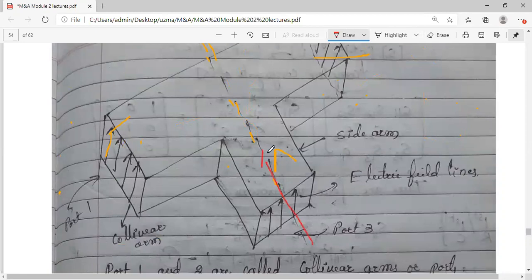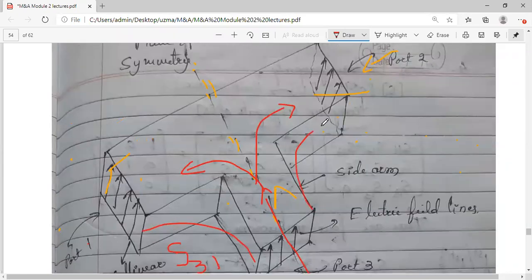Power is entering here, it splits exactly because of the plane of symmetry, and the S parameter for this port 1 and port 3, we call it S31. S3 is from the input port 3, output port 1. So S31.